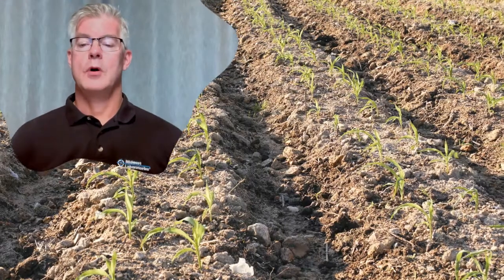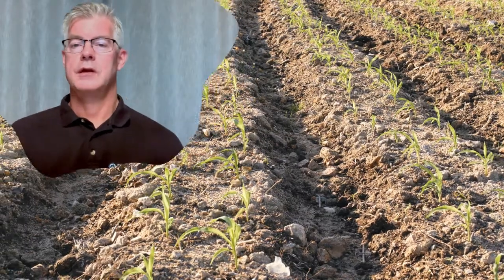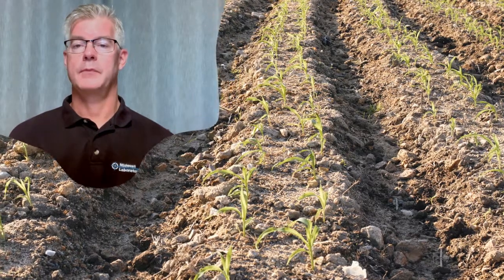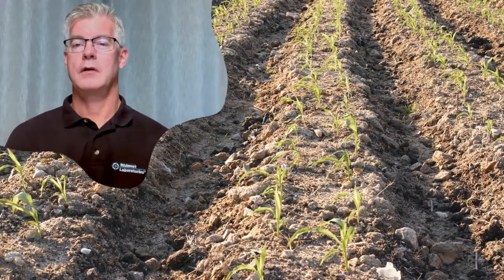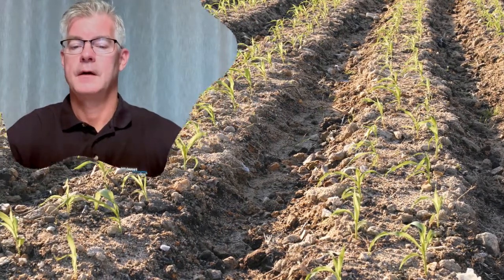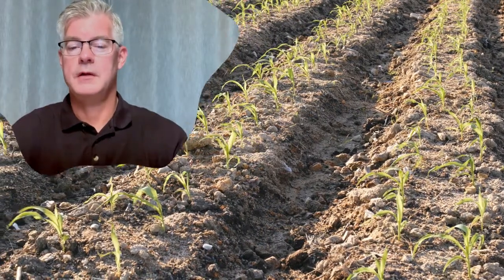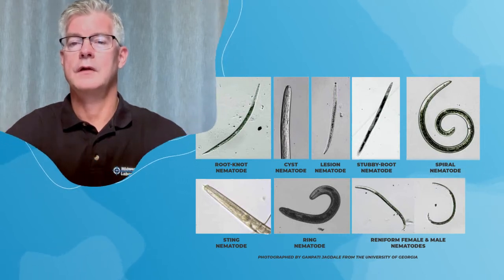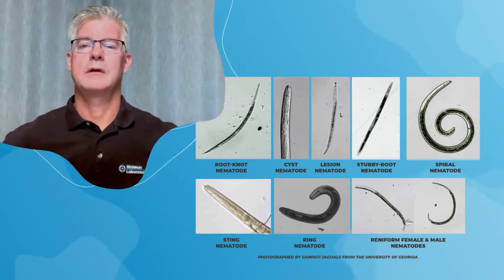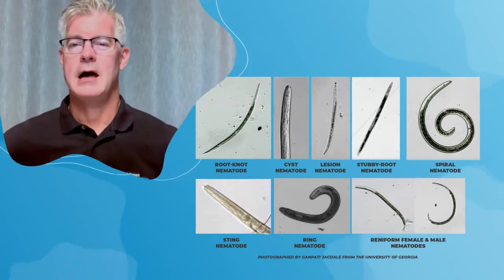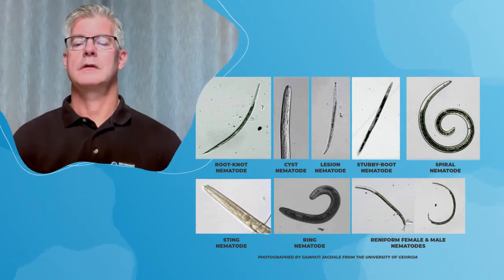They can be found in most cornfields across the United States at varying populations, and most generally, these populations are based on cropping practices. There are also multiple species of plant parasitic nematodes that can affect the corn root system, and at Midwest Labs, we do species identification and counts of each of those species.